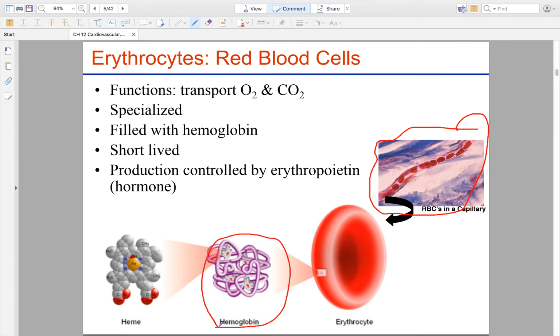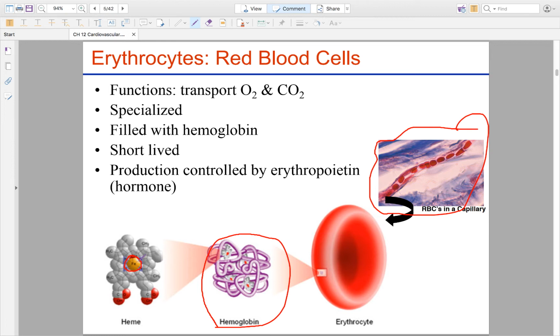Hemoglobin is made up of subunits of heme, and if you look very close here, there's iron. Hemoglobin's job is to carry oxygen and help deliver it to every single cell in every single tissue in all of your organs throughout the entire body.